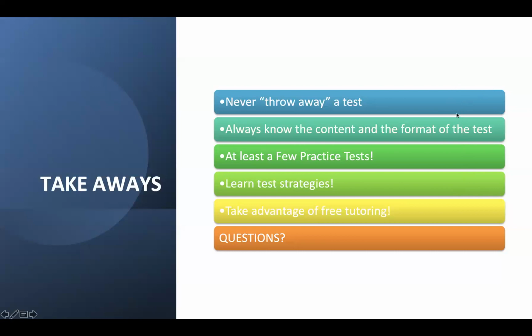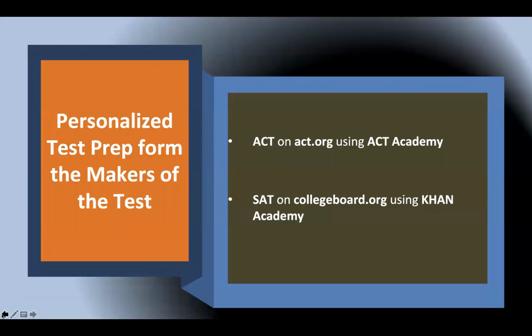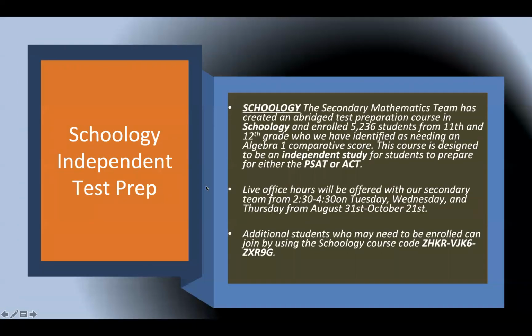I'm going to ask what the code was again for the Schoology. Yes, so I can resend the flyer tomorrow. But here, let me go back. It was sent to you guys, I want to say last week, and it's at the top of the flyer.